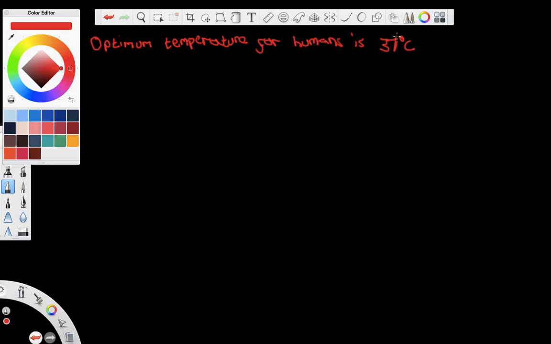The reason for this is so enzymes can work at their optimum rate. If they get too hot, they denature. If they get too cold, they do not have enough kinetic energy, which decreases the amount of successful collisions between substrates and enzymes, therefore reducing the amount of enzyme-substrate complexes formed. So we can say that optimum temperature for humans is 37 degrees Celsius.